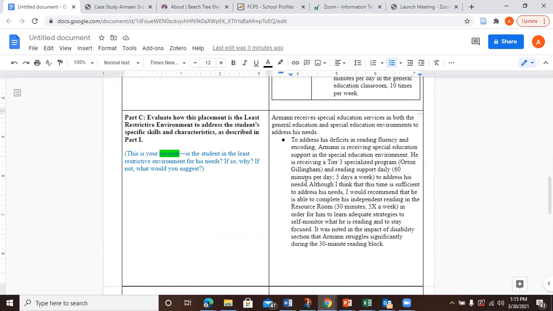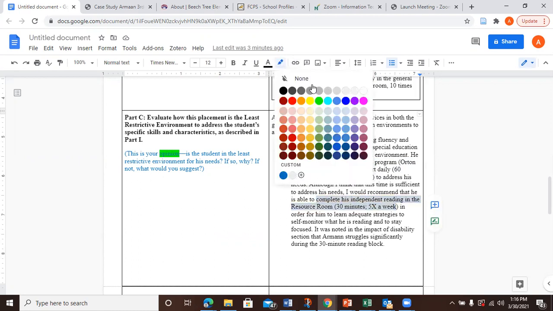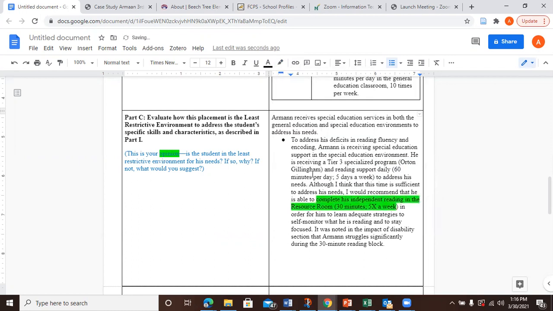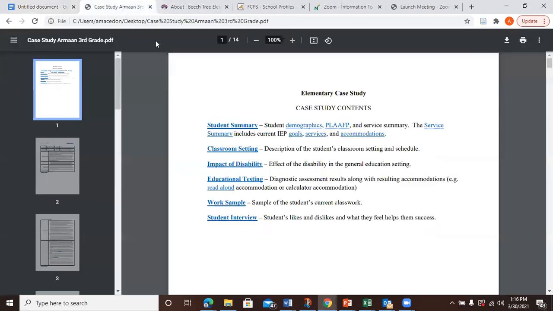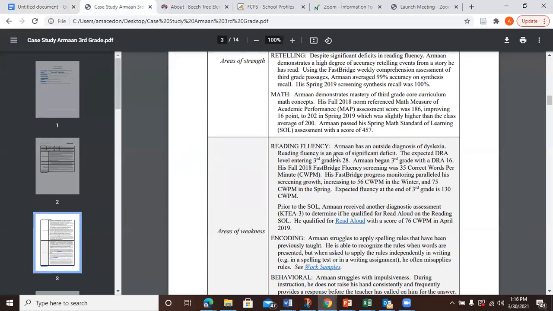So what I said was, although I think this time is sufficient to address his needs, I would recommend that he's also able to complete his independent reading in the resource room. I'm going to highlight that. We know that when he is doing his independent reading, he is in the general education classroom.